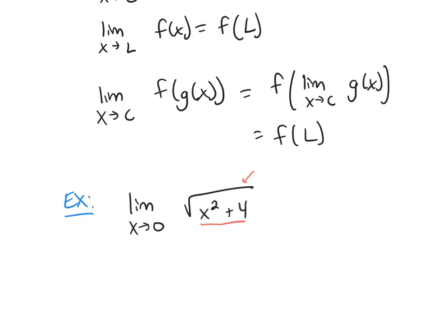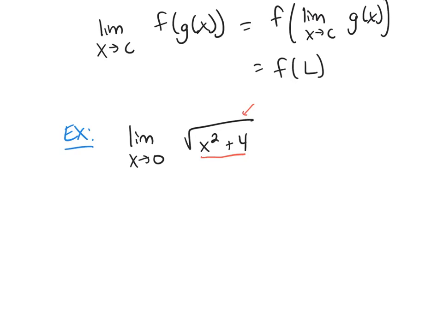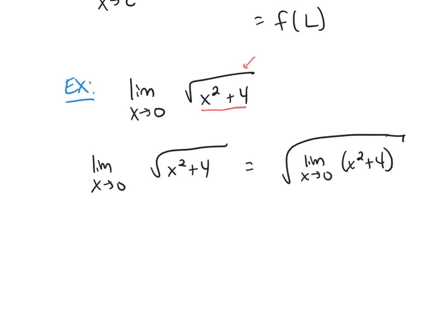And so when you're computing this limit, we can skip over the square root and look at the limit of the inside. Now I'm looking at the limit of a polynomial, which I know from previous videos we can just plug in x equals 0 into.